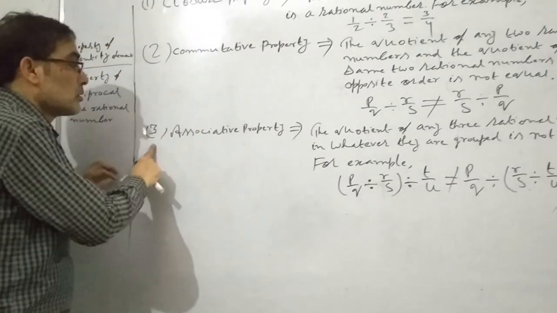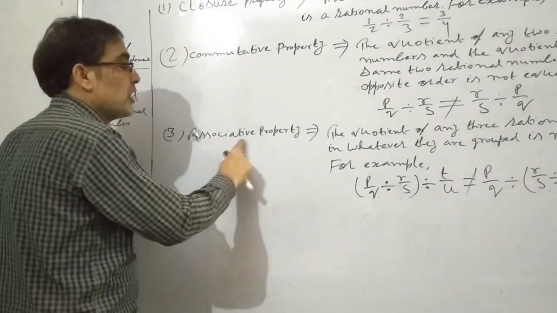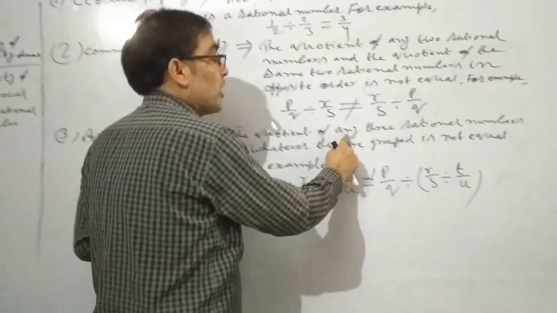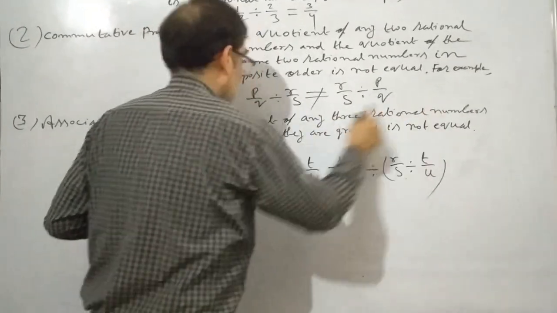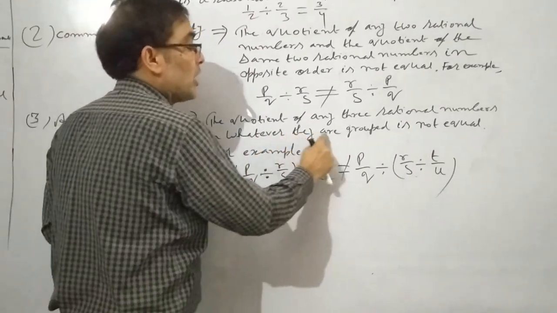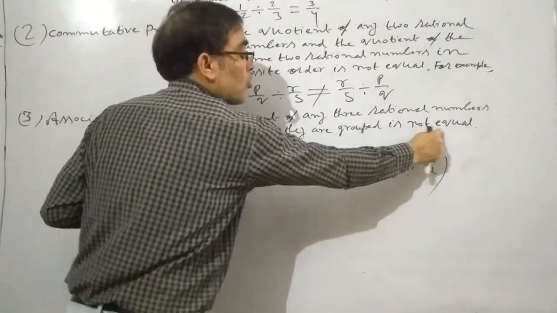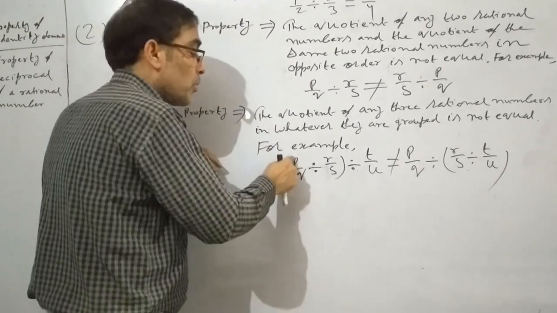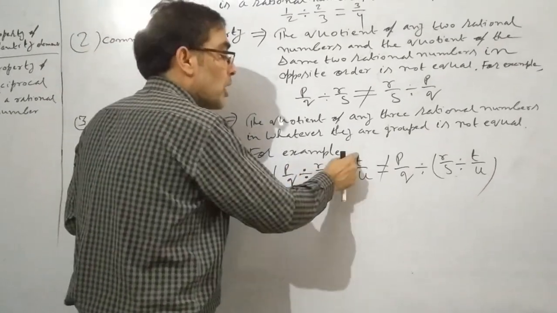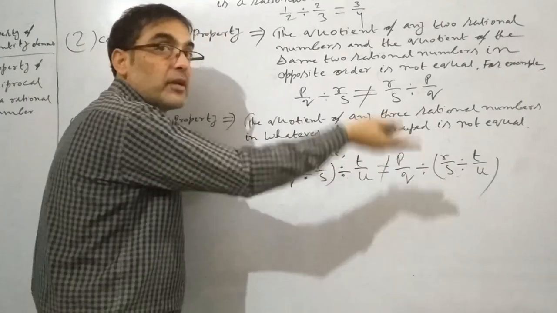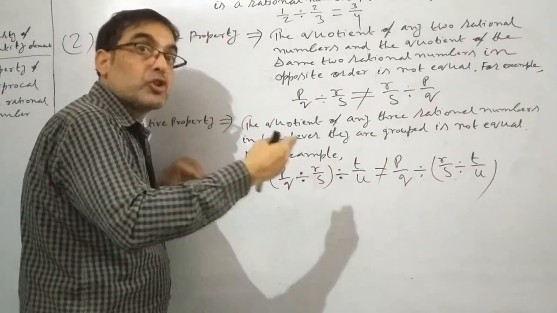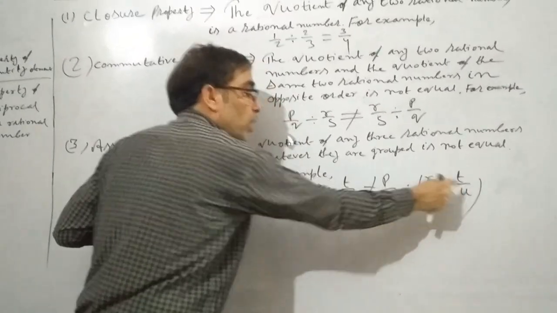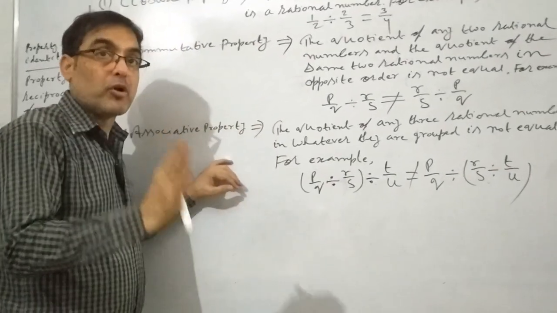And now the third property, associative property. The quotient of any three rational numbers, in whatever way they are grouped, is not equal. Here you are seeing three rational numbers, p by q, r by s and t by u, and on the right side there are the same three rational numbers in the same order.